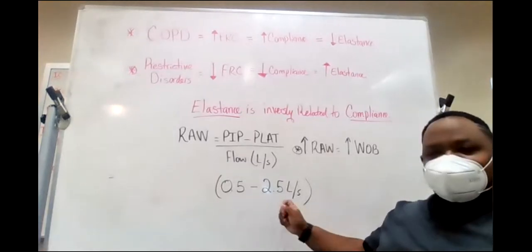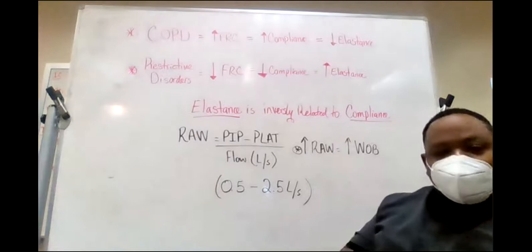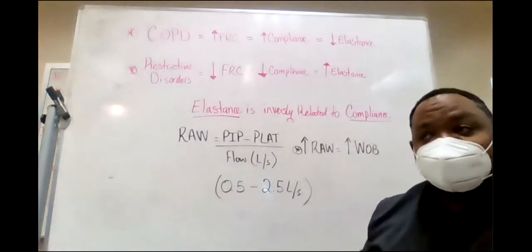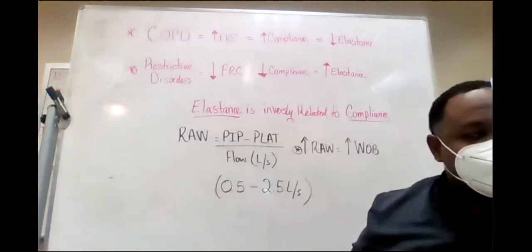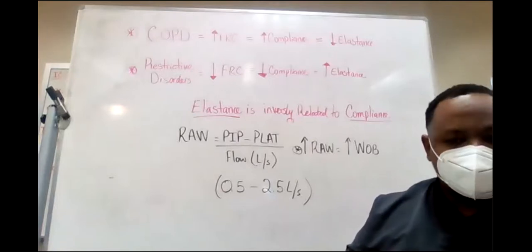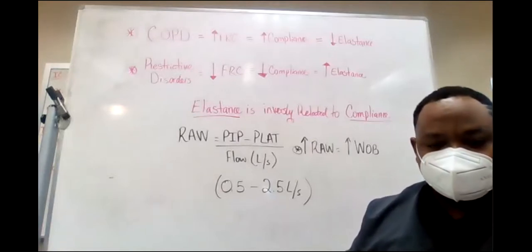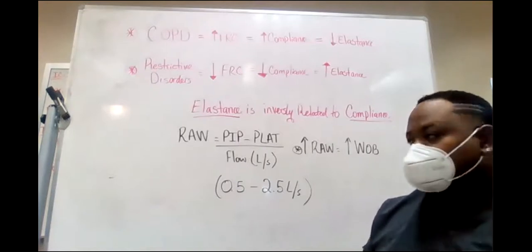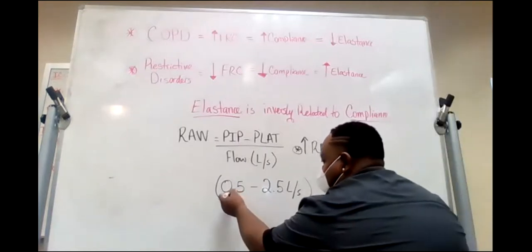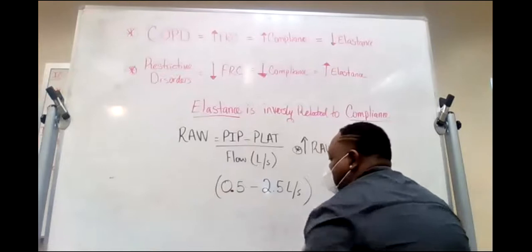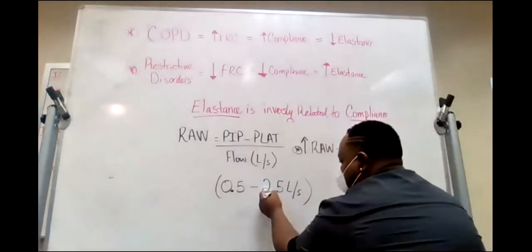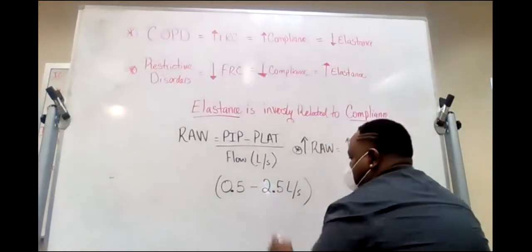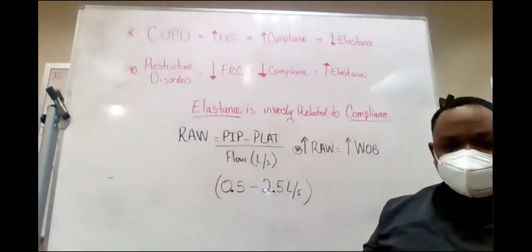Anything higher than this is a high resistance. Now they're going to start having some shortness of breath because that work of breathing has increased. Yes, that's the normal resistance.